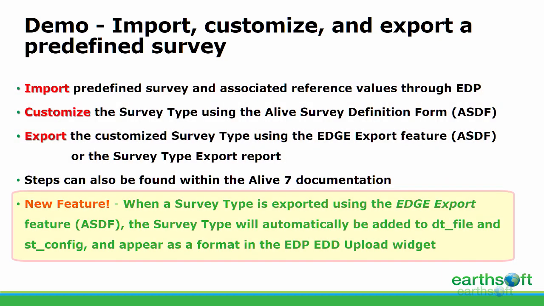One thing worth mentioning definitely is a new feature that we have in Alive. That feature will be when a survey type is exported using the Edge export feature in the Alive survey definition form, the survey type will automatically be added to DT file and stconfig, and that format will appear in EDP and EDD, or the EDP EDD upload widget in Enterprise.